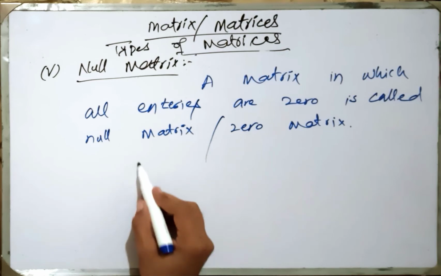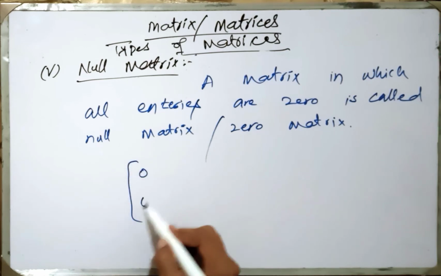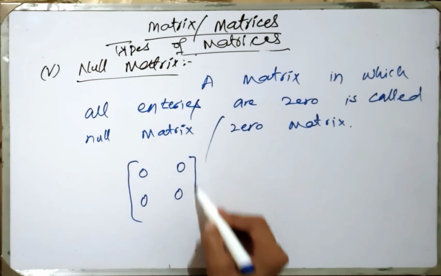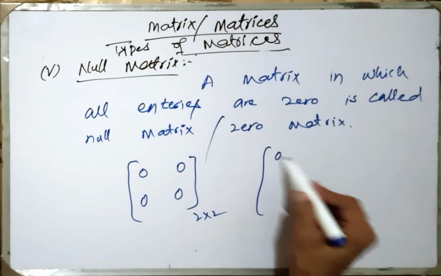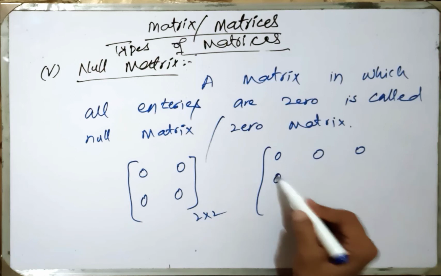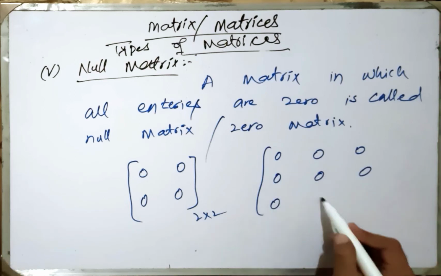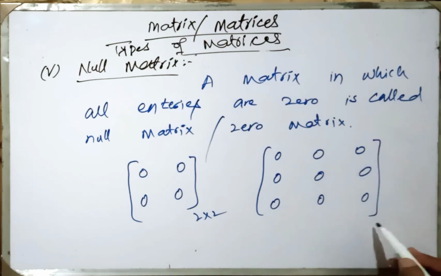That means a matrix 0 0 0 0 of order 2 cross 2, also 0 0 0 0 0 0 0 0 0 of order 3 cross 3, both are null matrix.